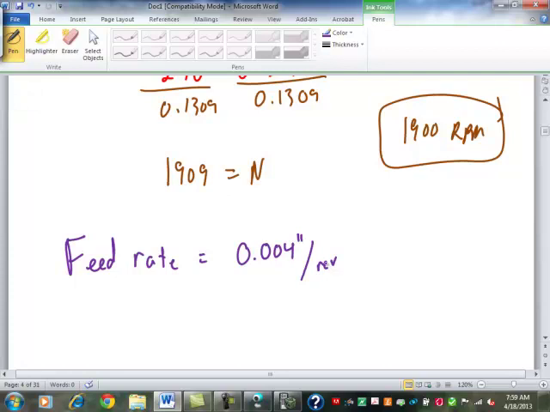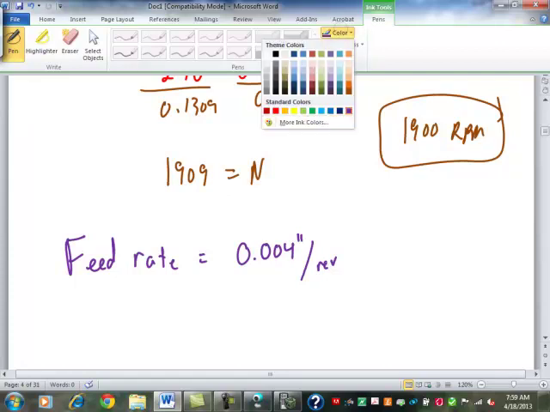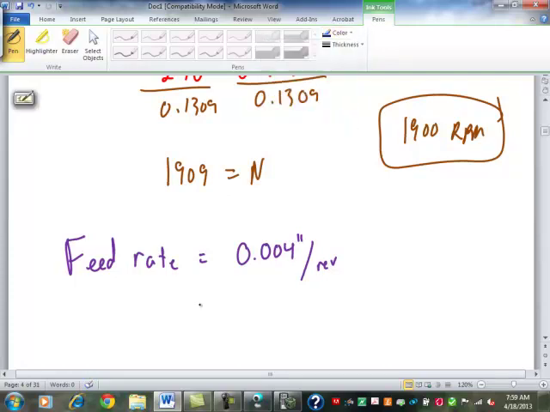How long is it going to take us to cut this? Cutting time. Remember, your cutting time is your length of cut over your feed rate times your RPMs. Oops, I got that backwards. As long as your length is in inches and your feed rate is in inches, you're okay here, right?